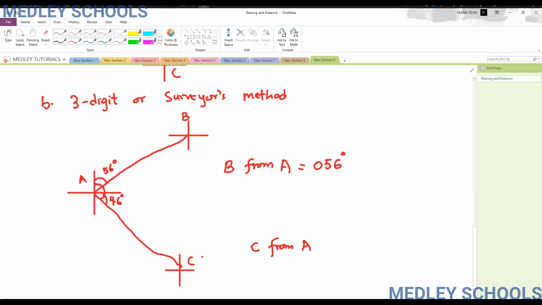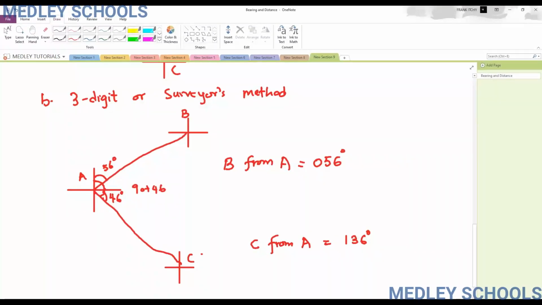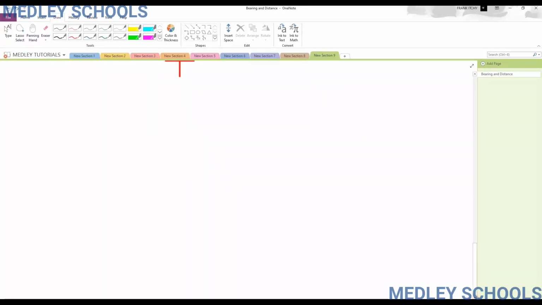From here to here is 90 and from here to here is 46. That means the bearing is 90 plus 46, which is equal to 136 degrees. This is in 3 digits already, so we don't need to add anything to it. So that is how to write in both acute angle bearing and 3 digit bearing.